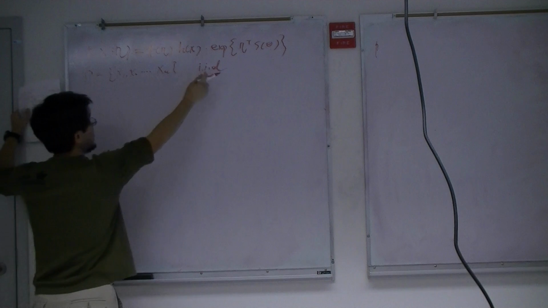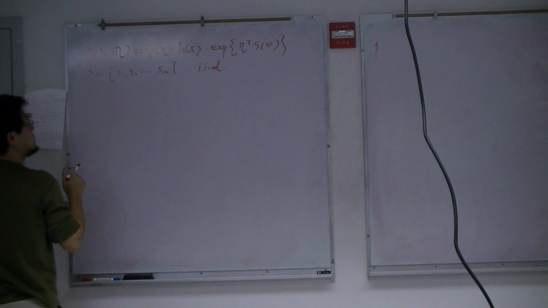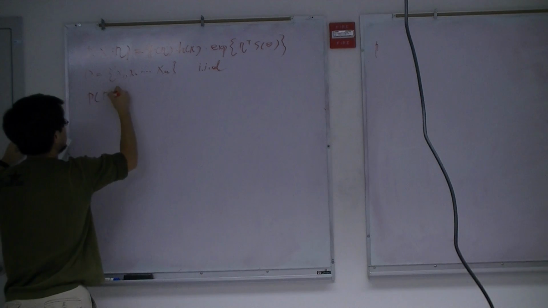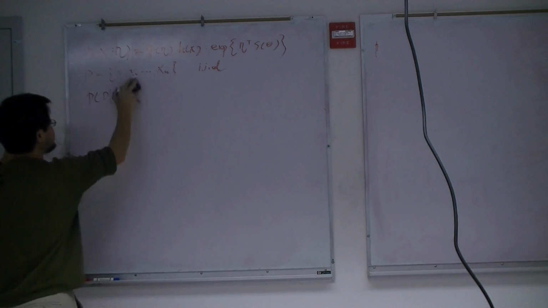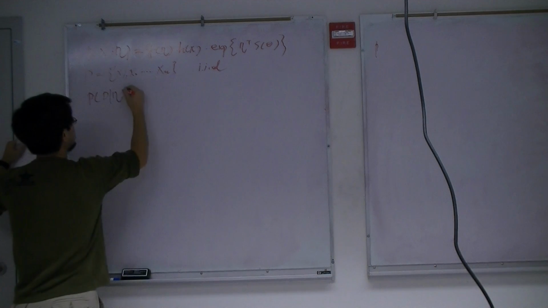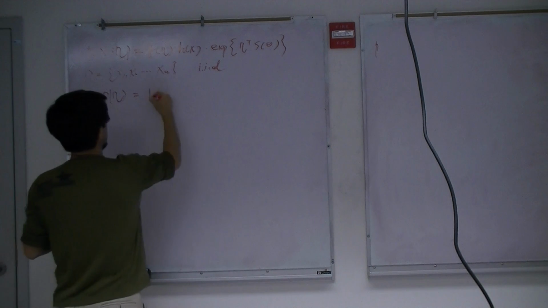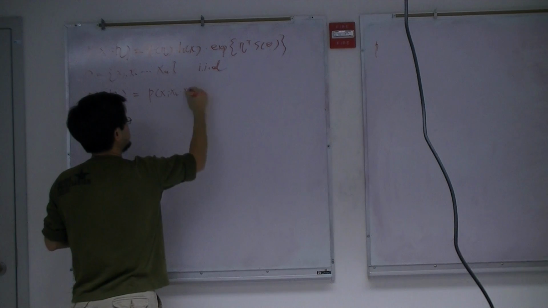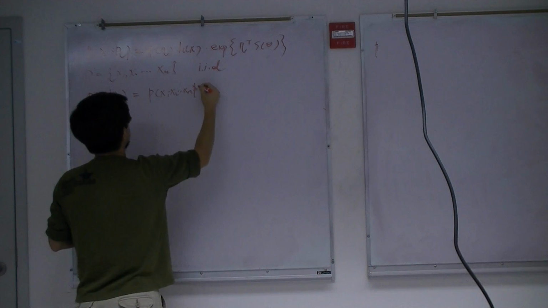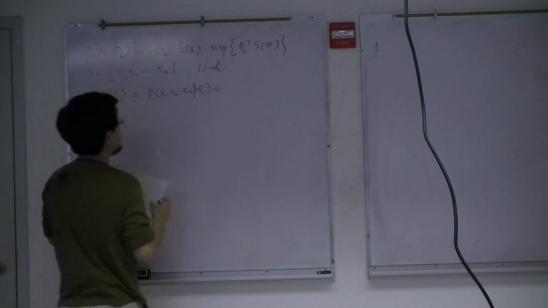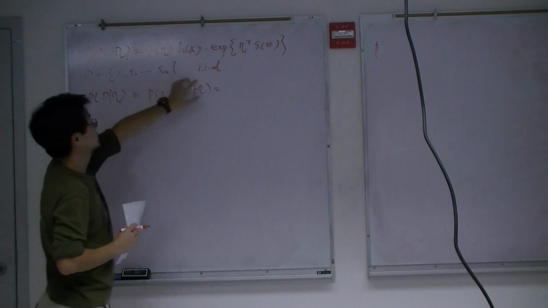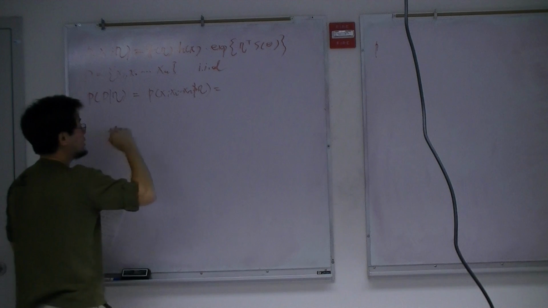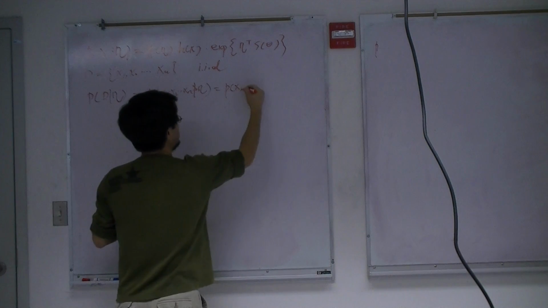To derive the maximum likelihood, first we need to write the likelihood function, which is P(D given beta). This is equal to P(x1, x2, ..., xn). Because these data are IID, which means they are independent given beta, we can write this into this form.